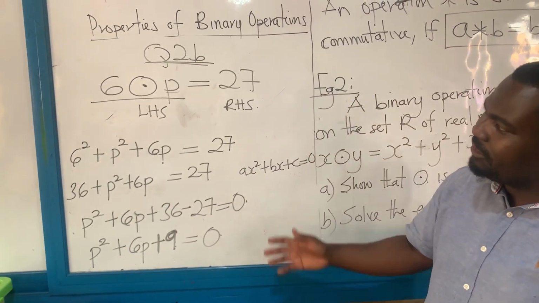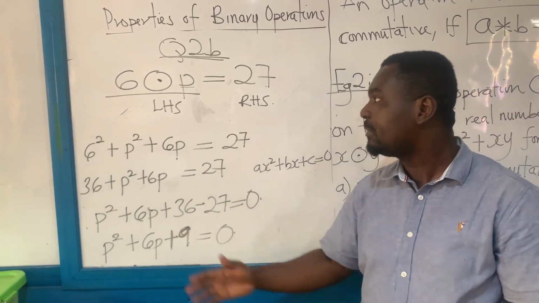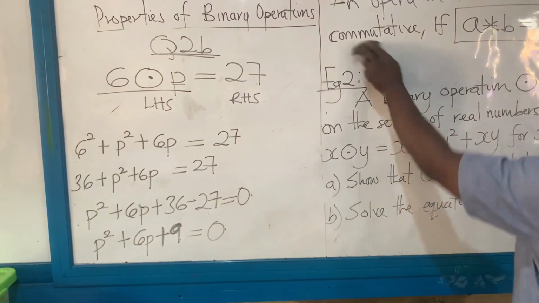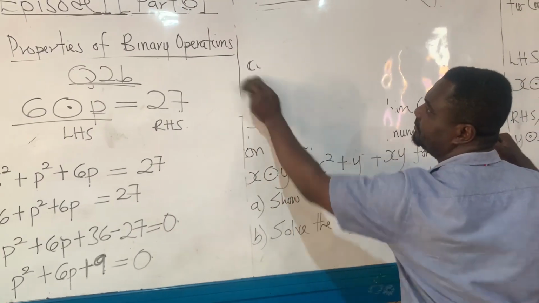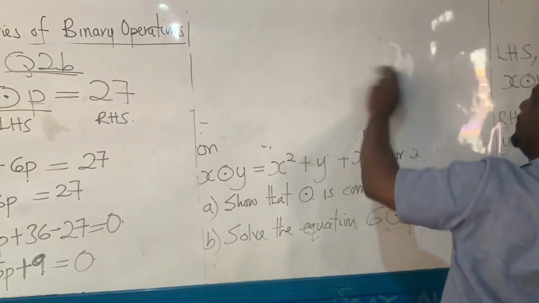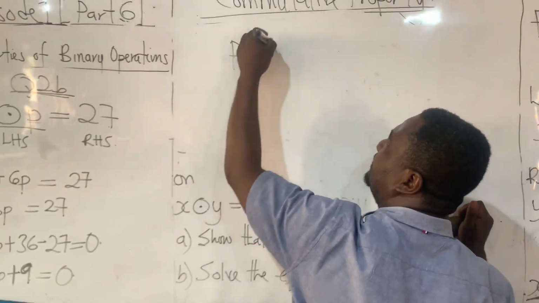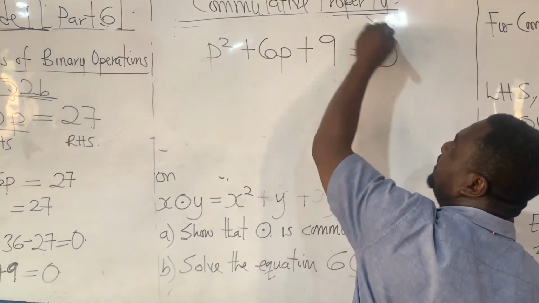So I know you can do better here. You are going to solve for the quadratic here, and you are going to get p squared plus 6p plus 9 equal to 0.